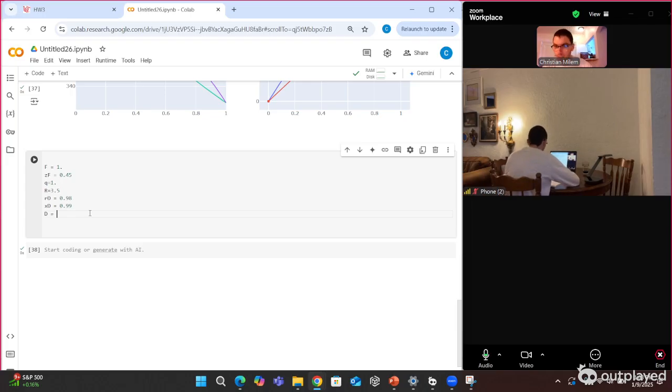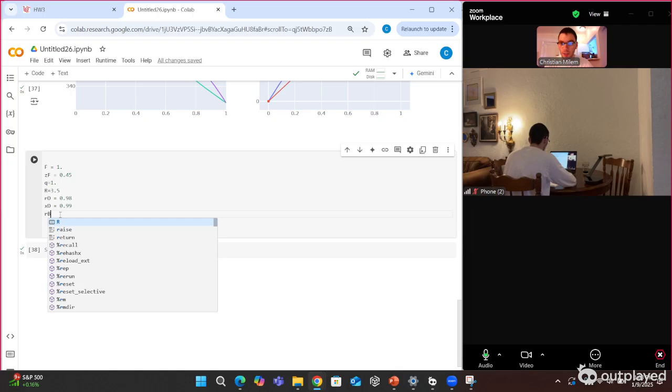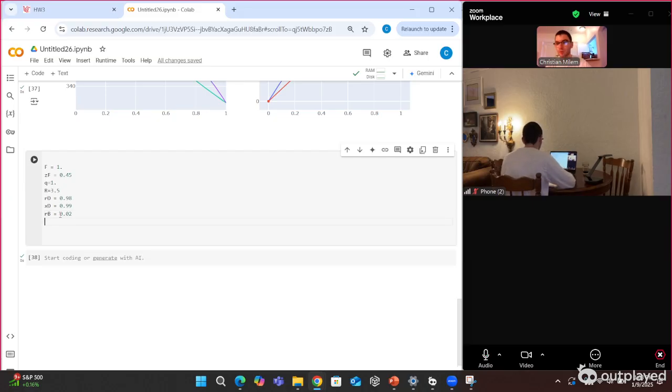Our RD is 0.98. So we have recovery in the distillate of 0.98 of our more volatile component. That means the recovery in the bottoms is simply 0.02, so 2%.